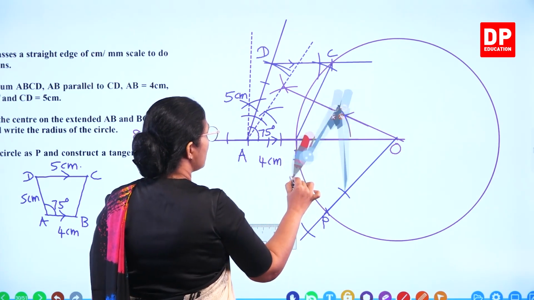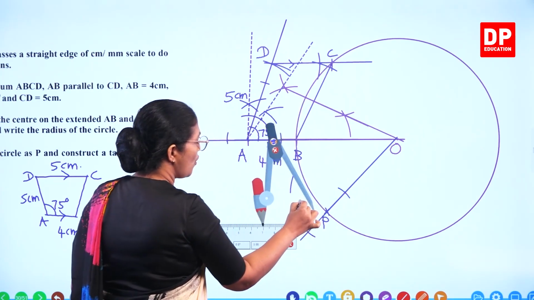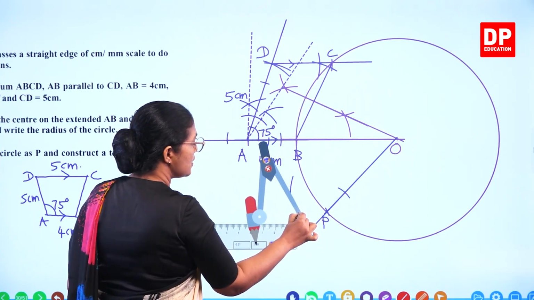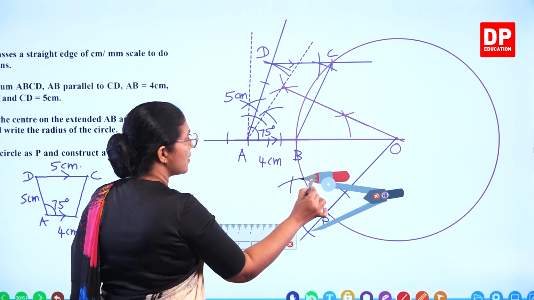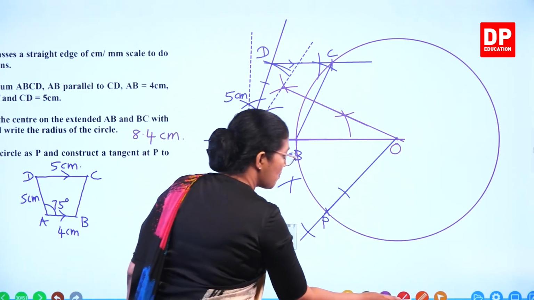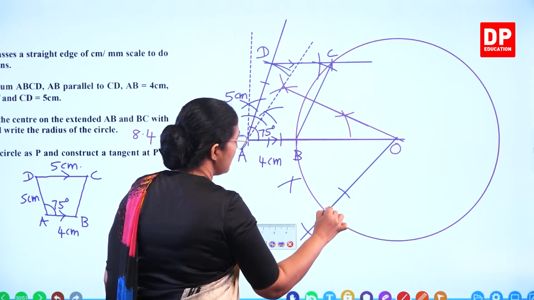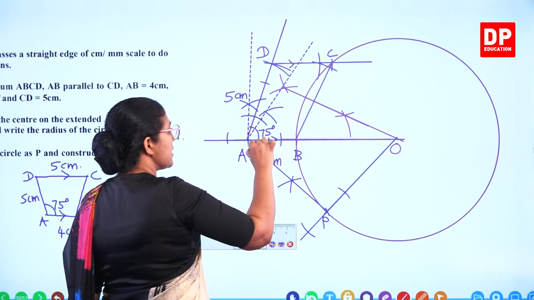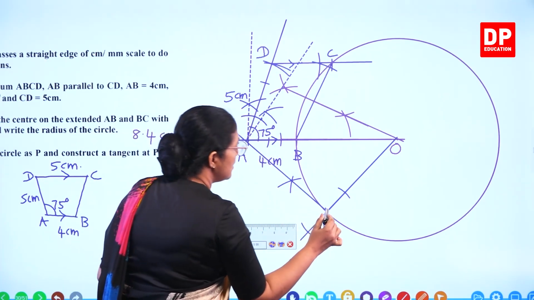And you can mark here and keep the compass on top of this point and mark the other arc. So the intersecting point and P we can connect. P and this point. That's the tangent line to the circle at P.